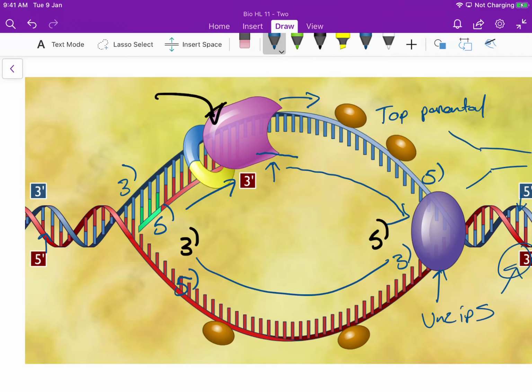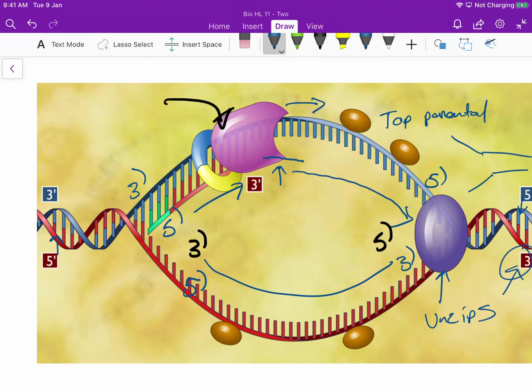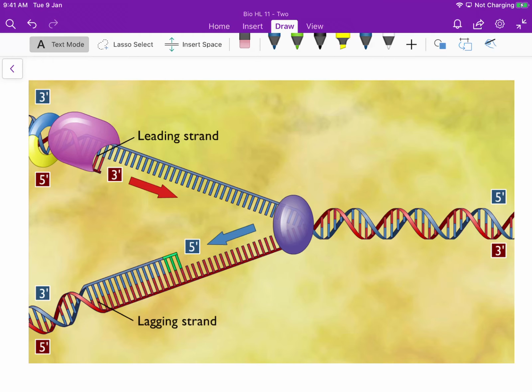So it's only going to be able to add new nucleotides that way. So it could bind, add some new nucleotides for a section, but then more will be unzipped. And what this leads to is the idea of a strand that we call the leading strand, where adding in 5' to 3', we can go towards the fork.